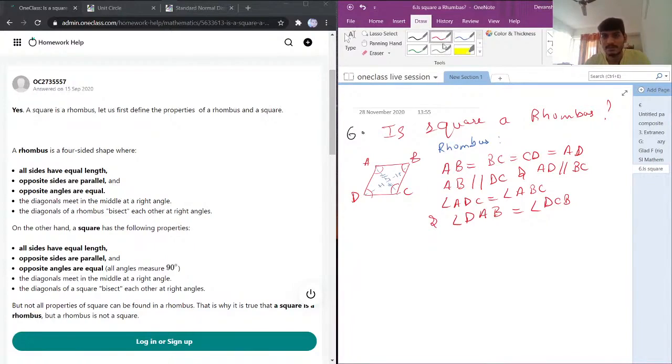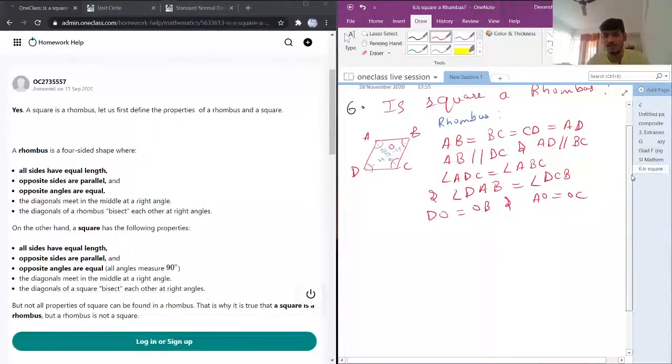I'll not write the right angle, it is just common sense. Let the center point be O. So DO equals OB and AO equals OC. So this states the diagonals bisect each other at 90 degrees. It's not mentioned here, but yes, the diagonals bisect each other at 90 degrees. So these are the properties for a rhombus.